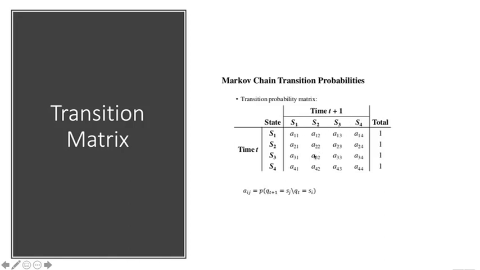Let's say this is one example, a32. What is it? This is the probability that the state changes from S3 to S2.